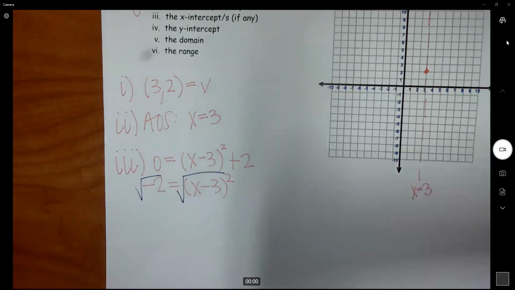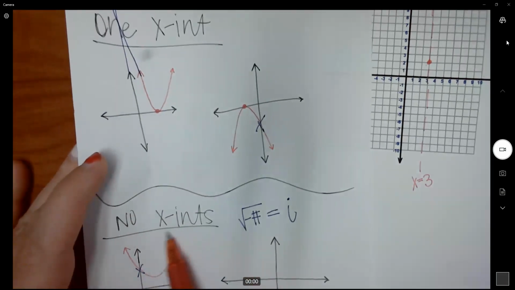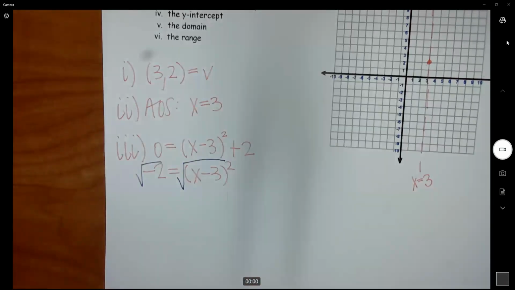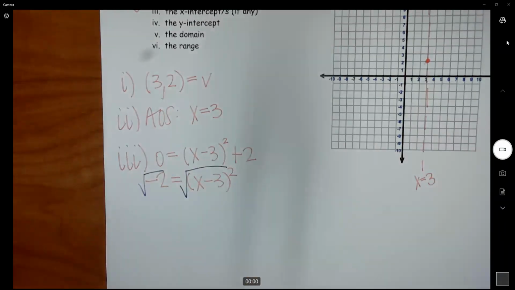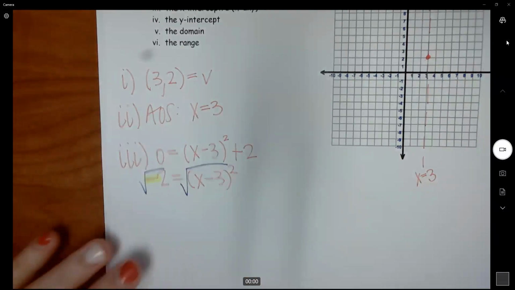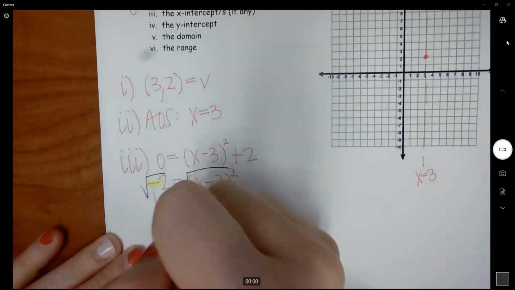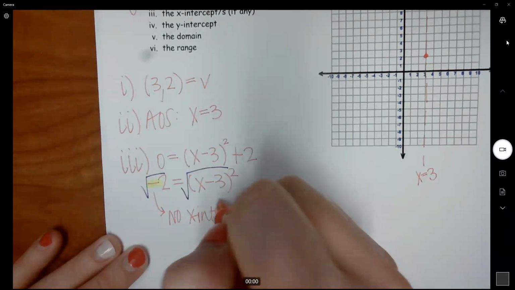And I said before, if you get the square root of a negative number, that's your imaginary. That means we have no x-intercept. So, because of this negative here, we have no x-intercepts.